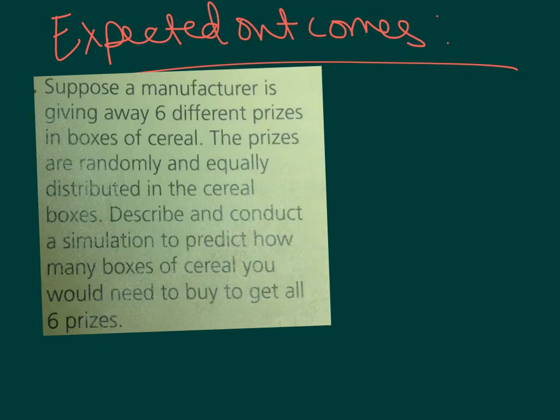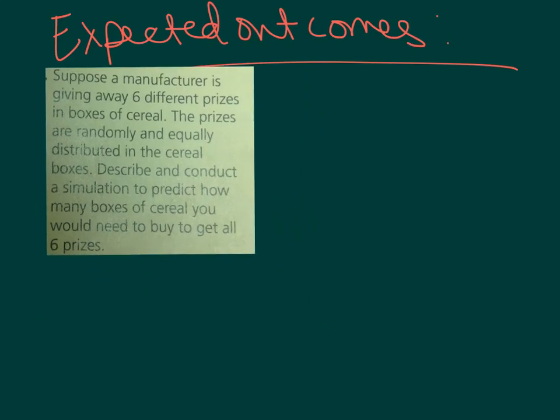Sometimes you're going to want to determine expected outcomes using simulations. An example of this would be, suppose a manufacturer is giving away 6 different prizes in a box of cereal. The prizes are randomly and equally distributed in the cereal boxes. Describe and conduct a simulation to predict how many boxes of cereal you would need to buy to get all 6 prizes.